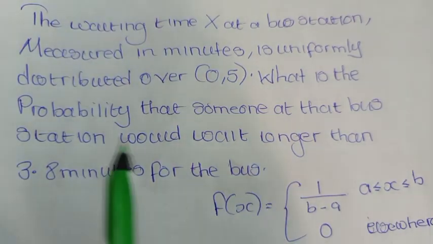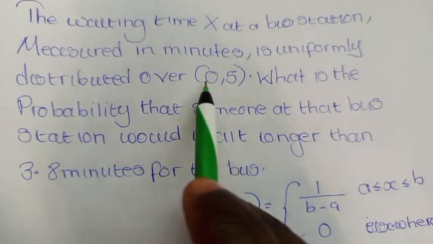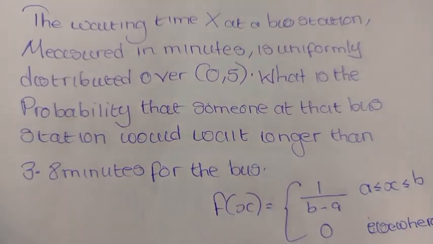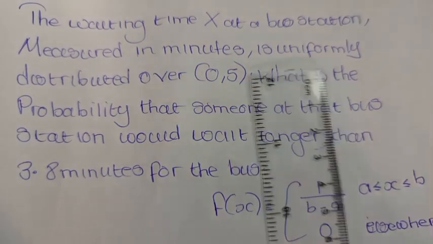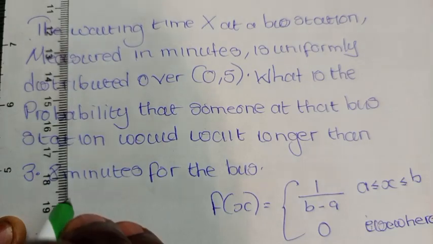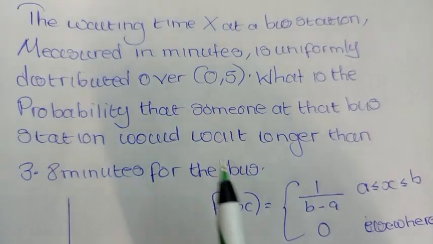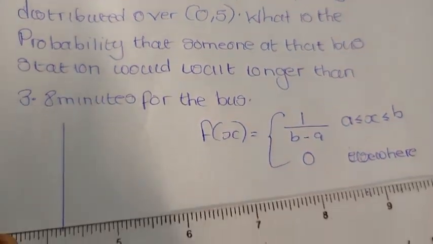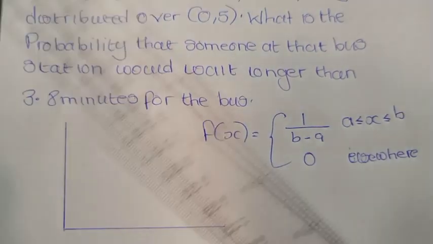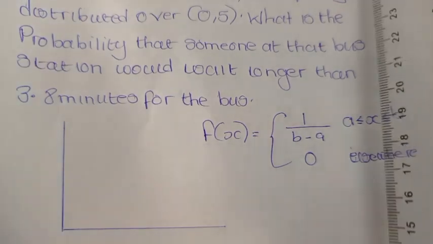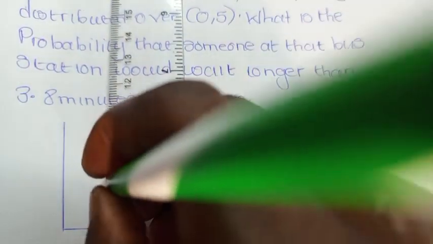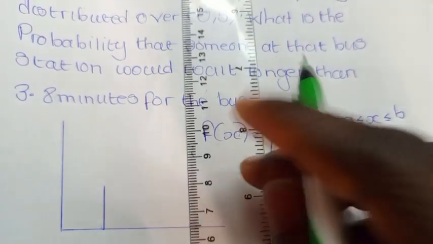Remember the parameters are 0 and 5. I will draw the probability density graph so that we can have a little more knowledge of what I'm trying to put across. When we are dealing with the probability density graph, this is how it looks. We have just a simple shape here.